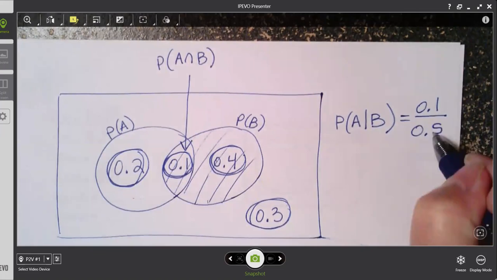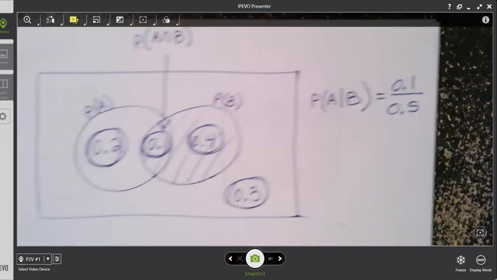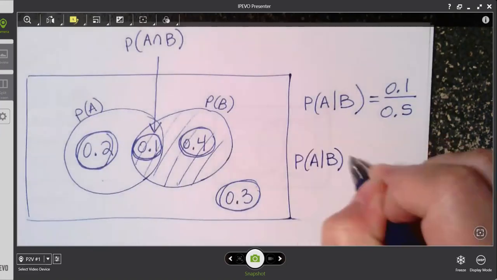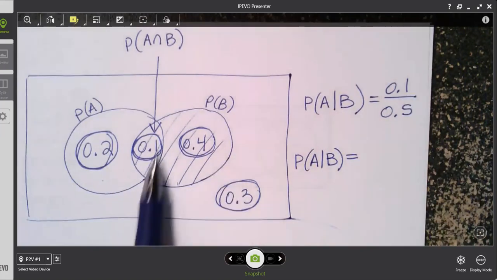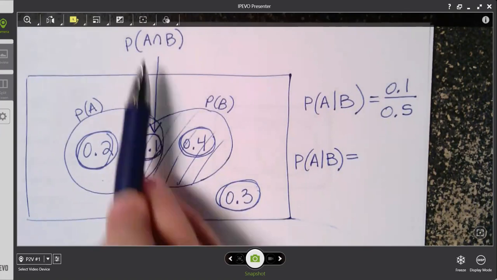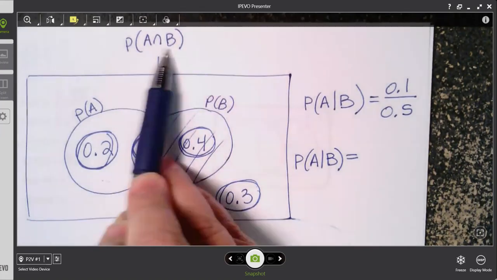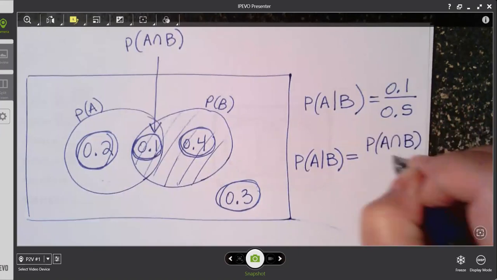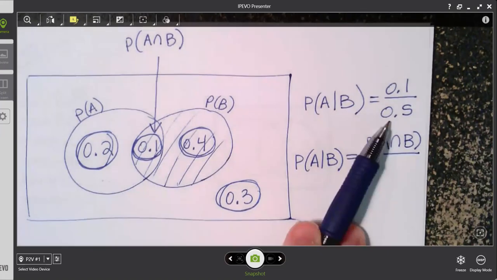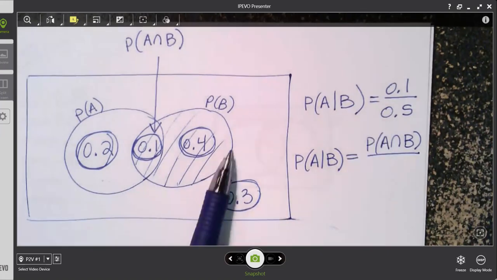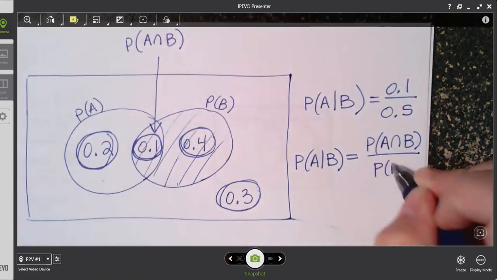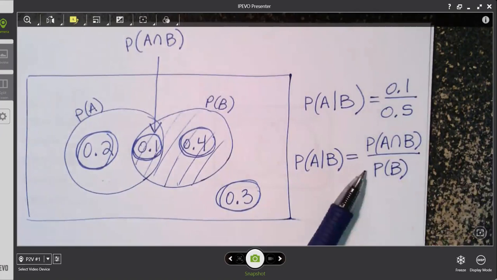Okay, so I wanted to show you how that works with the equation. In other words, the probability of A given B is 0.1 is the part of circle B that is also in A. Notice that it comes from this middle section that is the probability of A and B, the intersection. The bottom here, the denominator, is the probability of being anywhere in that entire circle, which happens to be the probability of being in B. So right there you have an equation, which is actually an equation that's always true.